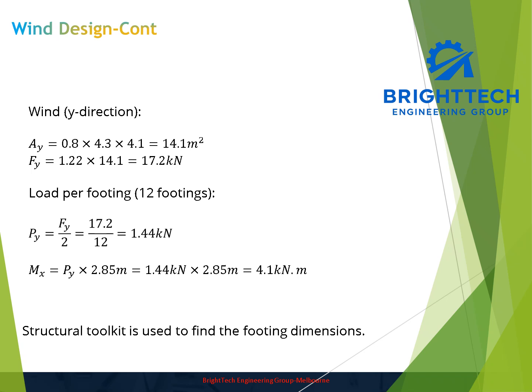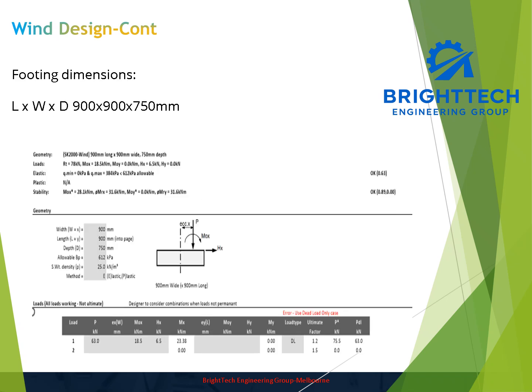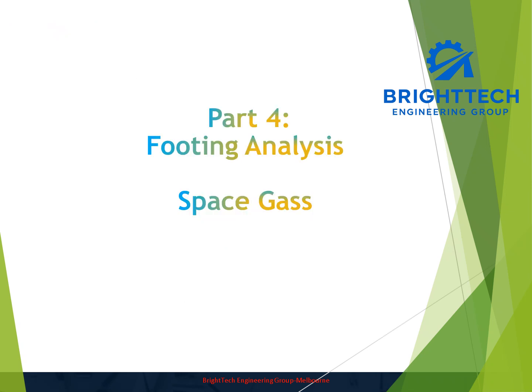Structural toolkit is used to find the footing dimension, and as the wind load is much lower, the seismic force would be dominant. By the way, we also check here in structural toolkit the footing dimension 900 by 900 by 750, and we go for the footing analysis in Space Gass.